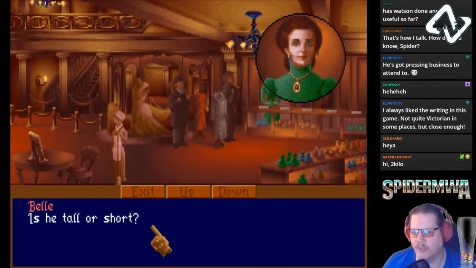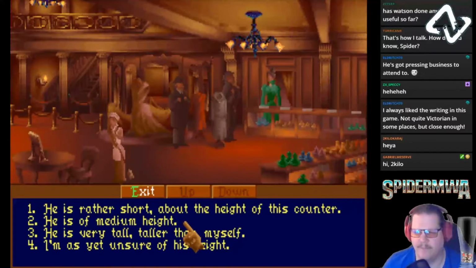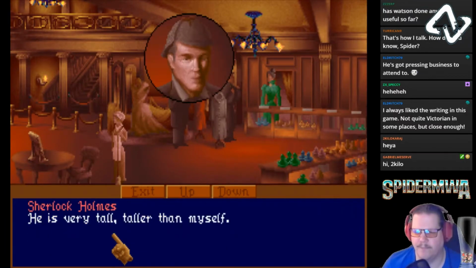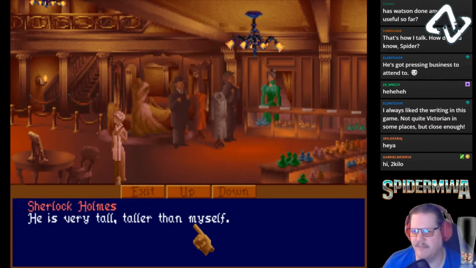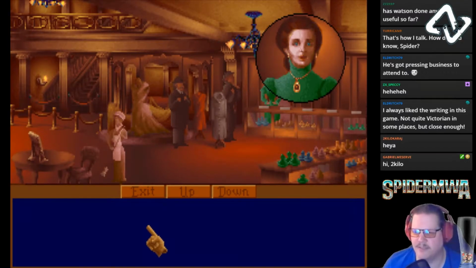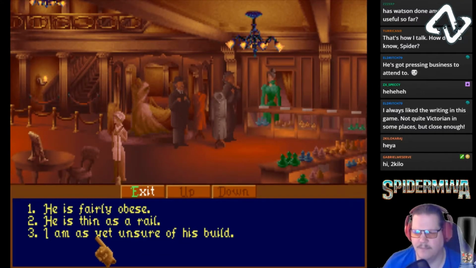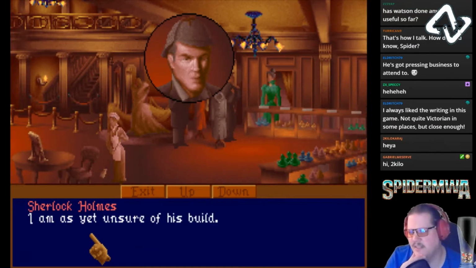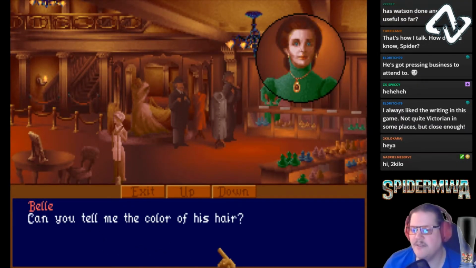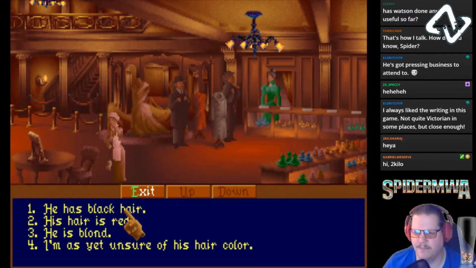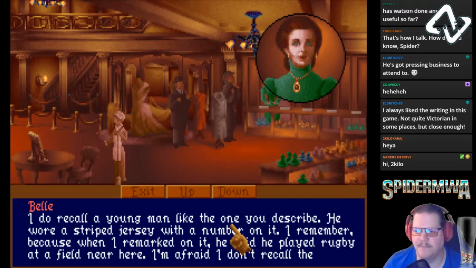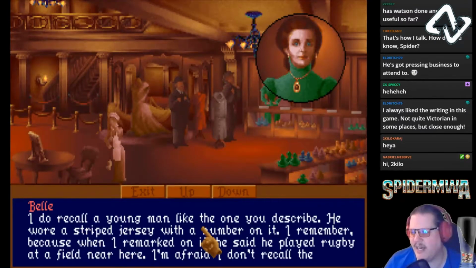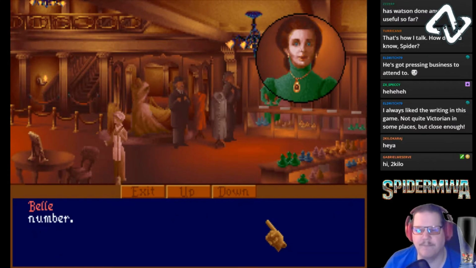Is he tall or short? He is very tall, taller than myself. Is he thin or stout? I am as yet unsure of his build. Can you tell me the color of his hair? He has black hair. I do recall a young man like the one you describe. He wore a striped jersey with a number on it. I remember because when I remarked on it, he said he played rugby at a field near here. I'm afraid I don't recall the number.